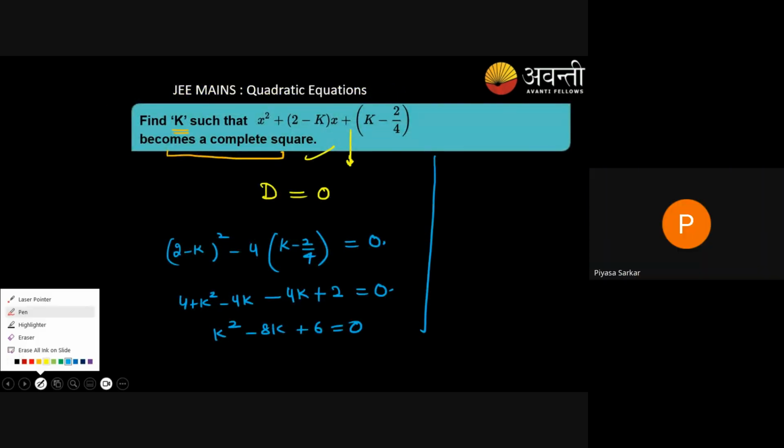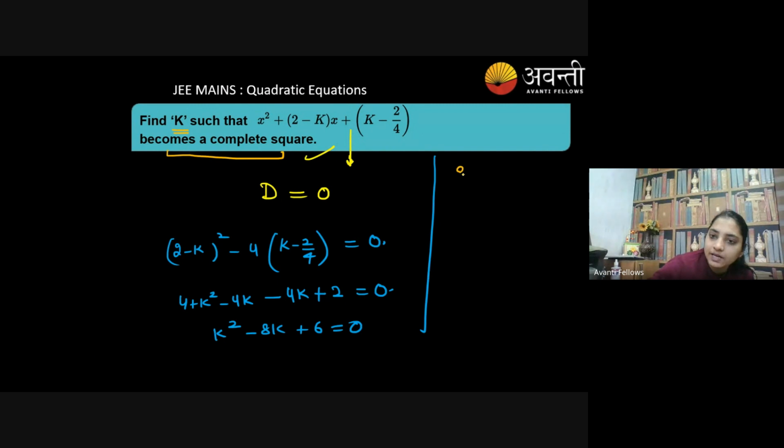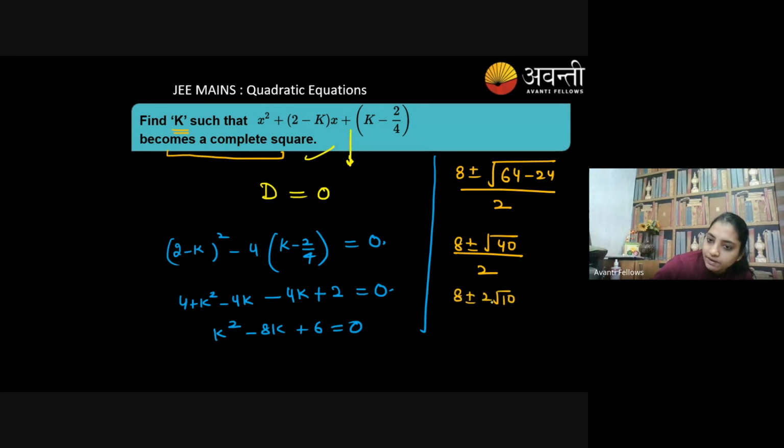So we need to apply the formula, that means 8 plus minus under root 64 minus 24 divided by 2. So 8 plus minus under root 40 divided by 2. So 40 is going to be 4 common, 2 outside. So 8 plus minus 2 root 10 divided by 2.